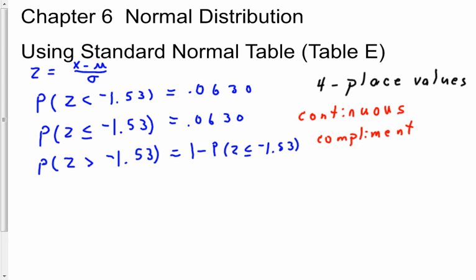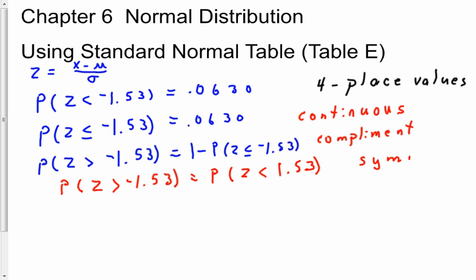It's also equal to the probability that z is less than positive 1.53. And that's because of the symmetry. That does not work for a binomial distribution, but it does work for normal.